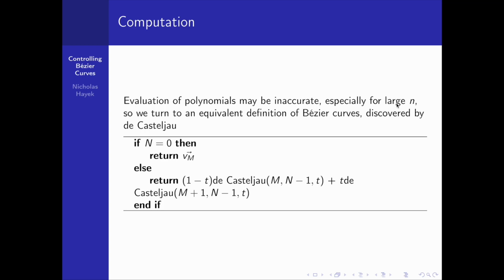So for an nth degree Bezier curve, you're evaluating on a computer an nth degree polynomial. And especially as we are evaluating numbers in the unit interval, this lends itself to some numerical inaccuracies. Raising 0.05 to 25 if you have 25 control points is not going to be easy. And so we have de Casteljau's algorithm, which essentially solves this for us.